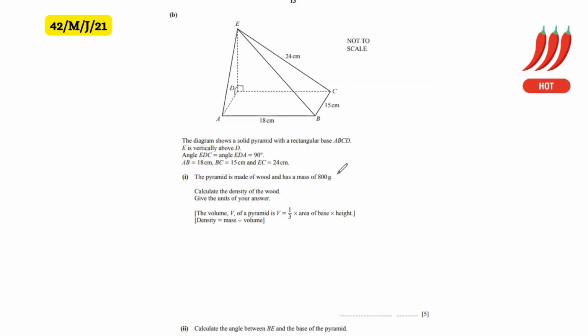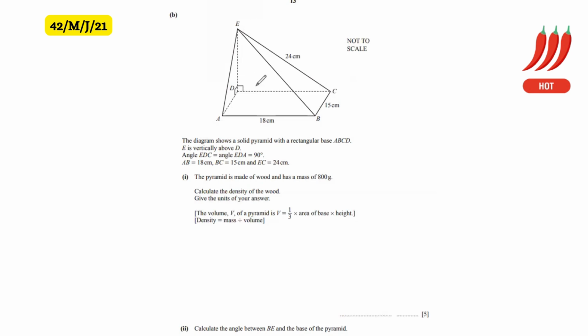They've given us the mass of the wood. We need to find the volume first and then use that to find the density. So for the volume, the formula for the pyramid is 1/3 times area of base times height. So area of base is going to be 18 times 15.